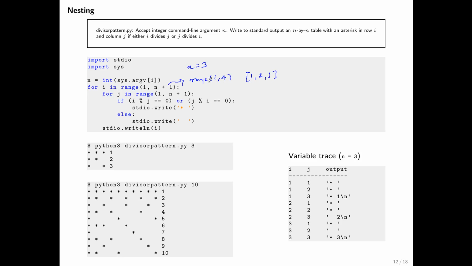And for each such I, J is going to be also the progression given by range 1, 4, because n is 3, so n plus 1 is 4. So this is exactly the same progression, 1, 2, 3. Okay. So I takes on values 1, 2, and 3, and for each such I, J takes on values 1, 2, 3. Okay, because the J loop is nested inside of the I loop.